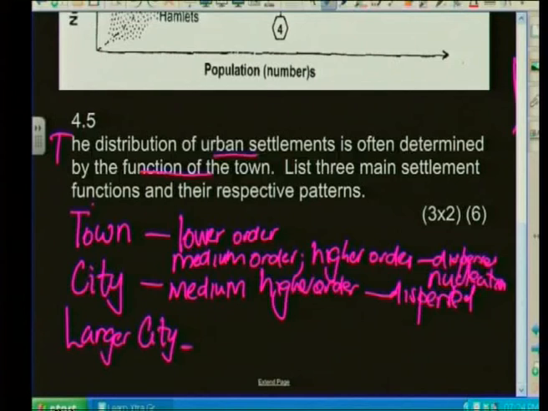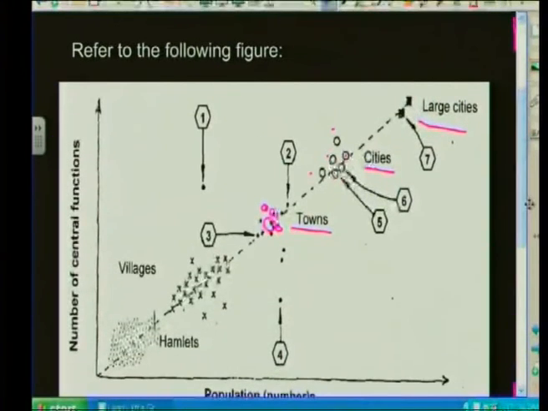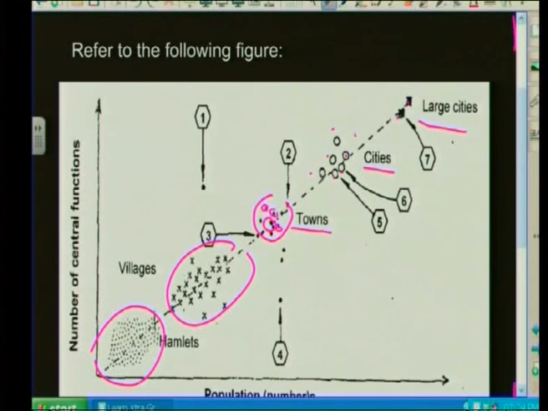If we look at our largest cities, generally these are highest or higher order, with the resultant pattern being dispersed. Again, note the cities and the way they are represented. Note the nucleation of the rural. As you move up, there is a higher level of dispersion.